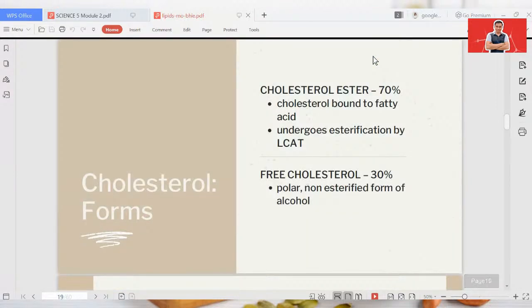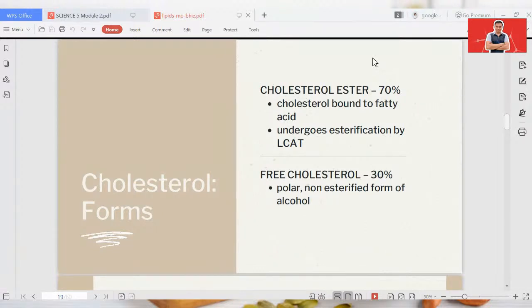For the cholesterol forms, it consists of two, the cholesterol ester and the free cholesterol. Cholesterol ester is 70%. Cholesterol bound to fatty acid undergoes esterification by the lecithin cholesterol acyltransferase or the LCAT.